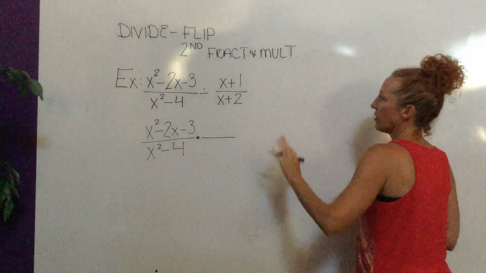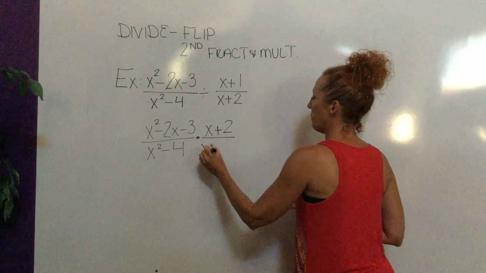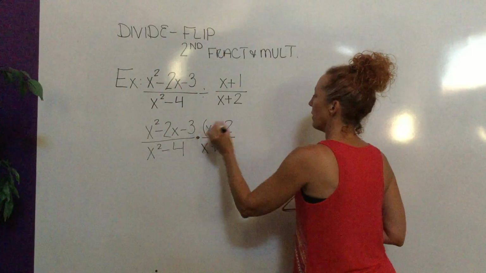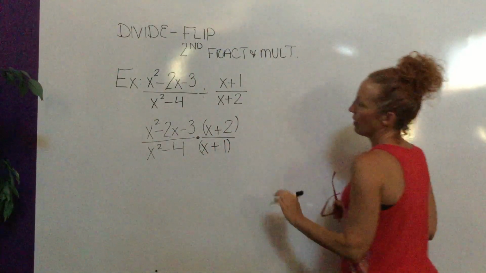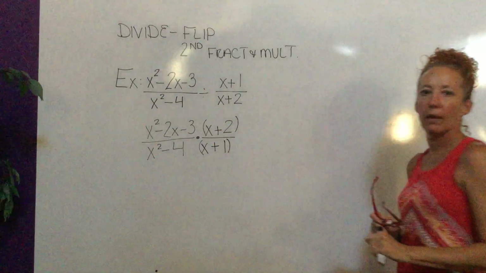And the second fraction you're going to flip upside down. So the x plus 2 ends up in the top, and the x plus 1 ends up in the denominator, and that divide changes to a multiply.